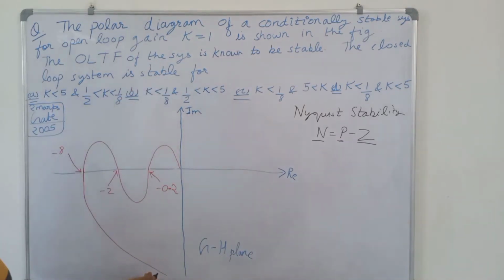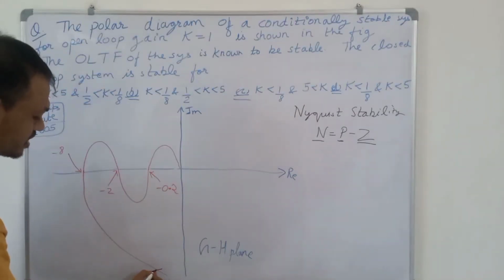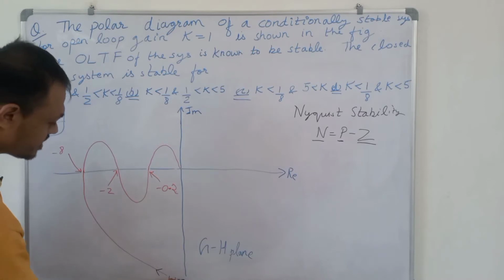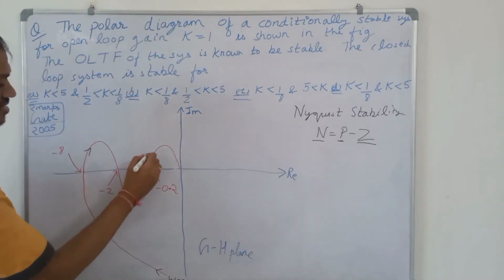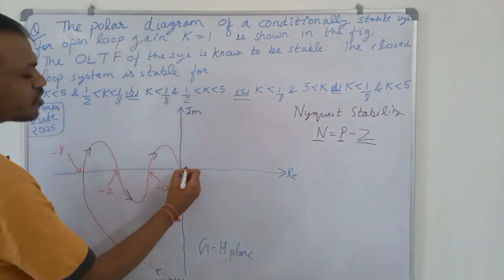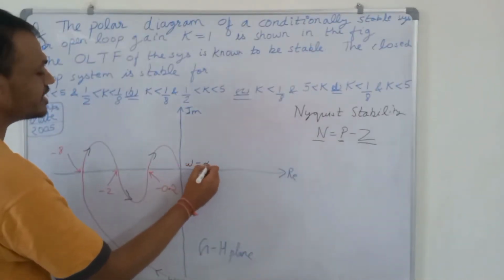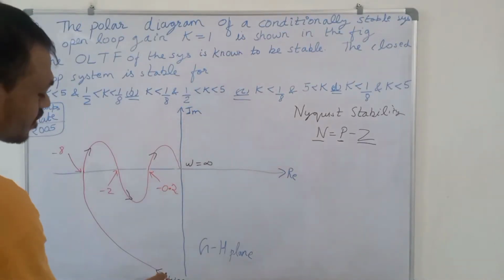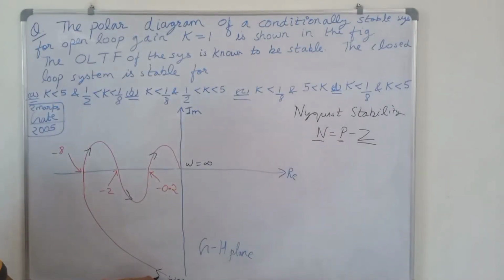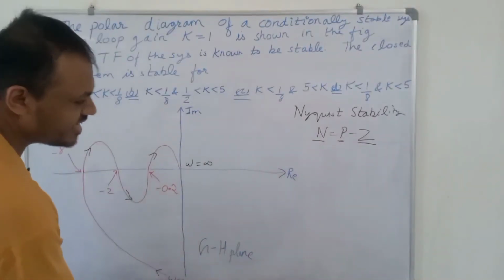Now here this polar plot will start from omega equal to 0. So this is omega equal to 0. First I am drawing the direction of the polar plot, and it ends at omega equal to infinity. So this point is omega equal to infinity.